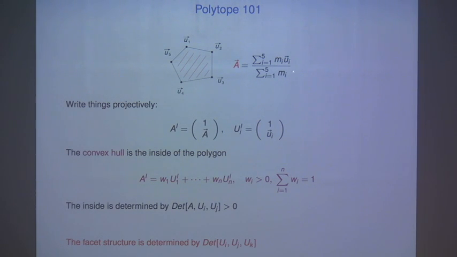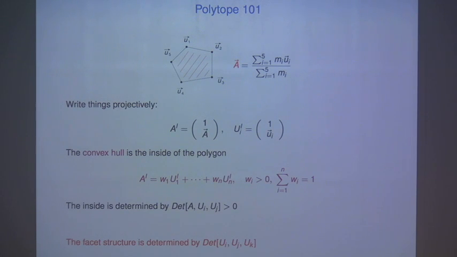You basically just generalize this vector here. It turns out that it's actually easier to write things projectively. So we embed this in one dimension higher. Then the inside of the polygon becomes what is mathematically defined as the usual definition of the convex hull, where basically we have a vector here, which is given by a linear combination, a sum of these vectors with positive coefficients, and the coefficients sum to 1.